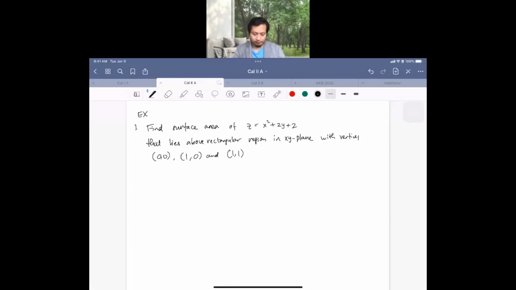So to solve this, first we need to draw the rectangle. Not draw the whole surface, but we just need to draw the xy plane, especially. Usually that is the question. So we are just going to draw very quickly the y-axis and x-axis, and probably this is 0, this is 1.